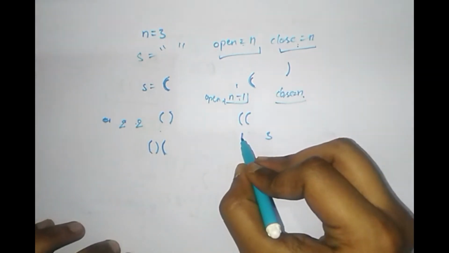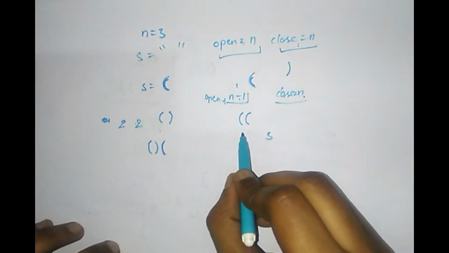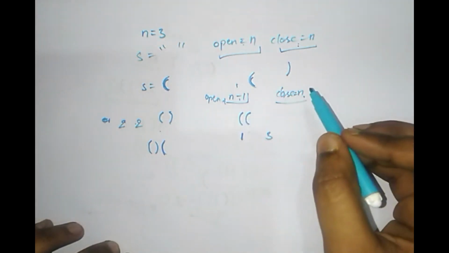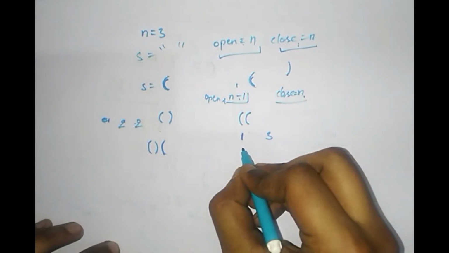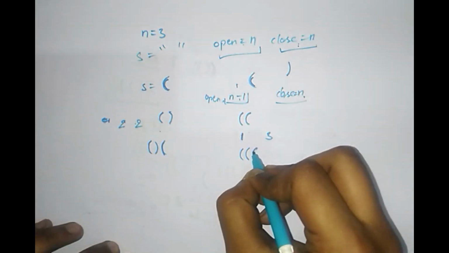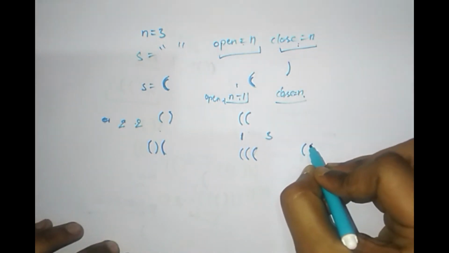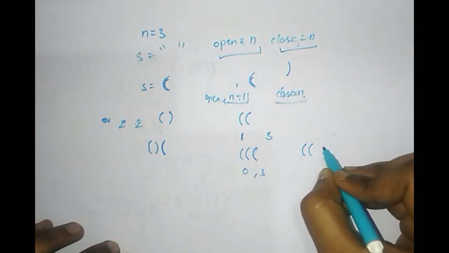Now here I can append a closing bracket and an opening bracket too, because 1 is greater than 0. I will append the opening bracket until my opening count is greater than 0. So there is one way of adding an opening bracket here, and another way is that we can append a closing bracket here.